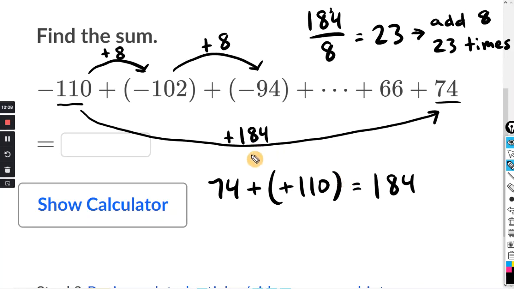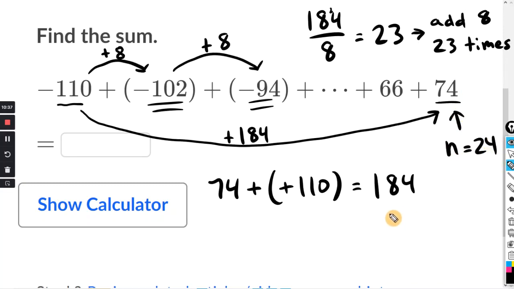Okay? Remember we said before, however many times you add the same number, you add 1 to that to see how many terms you get. All right, we started with term number 1. When we added it once, we were on term number 2. When we added 8 twice, we were on term number 3. So if we add 8 23 times, this term is number 24.